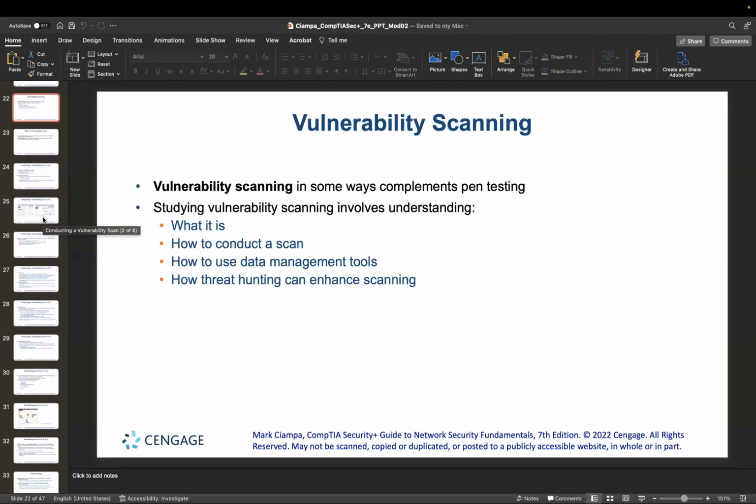So at this point, we had our discussion about penetration testing. Let's stop at this point. We're not going to talk about pen tests more, and we're going to switch gears and talk about vulnerability scanning, which is complementary to a pen test. And this is what our internal security personnel can do.